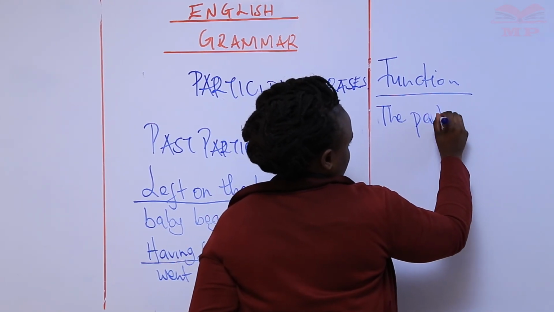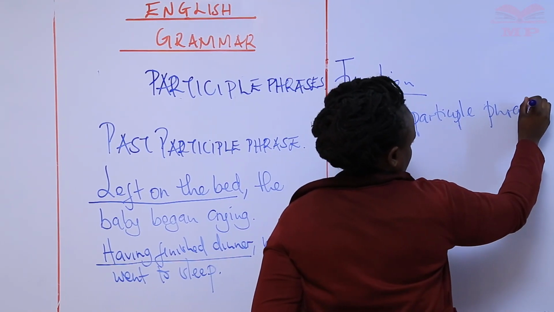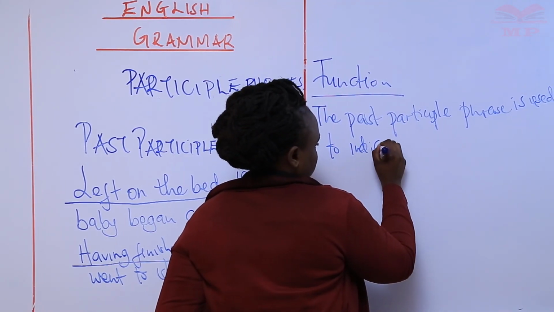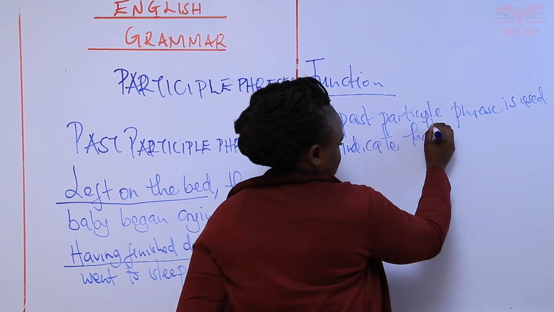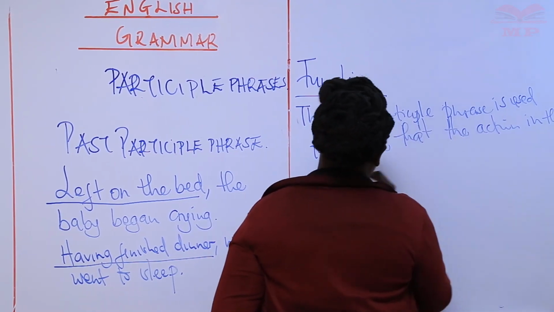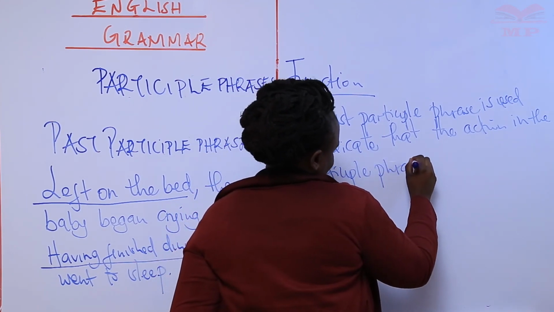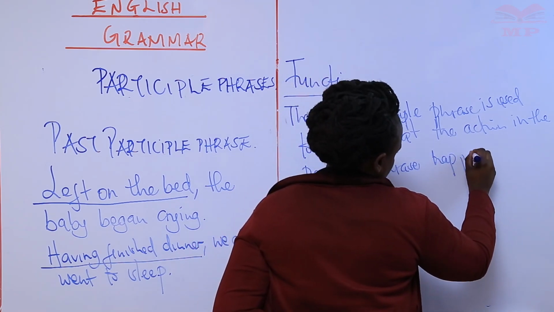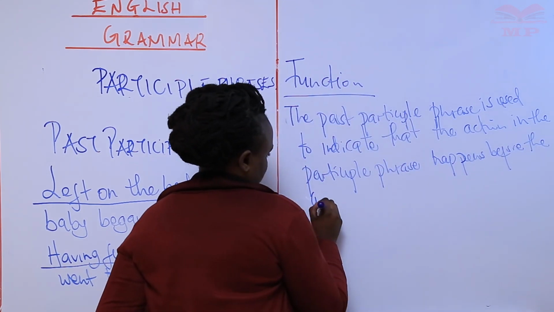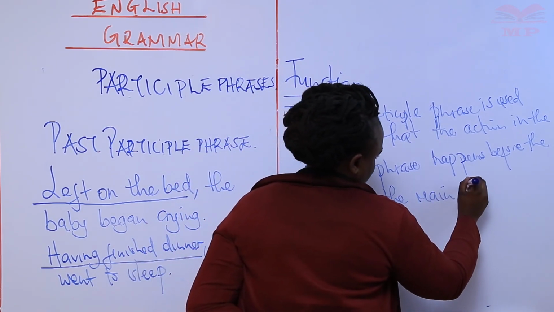The past participle phrase is used to indicate that the action in the participle phrase happens before the action in the main phrase.